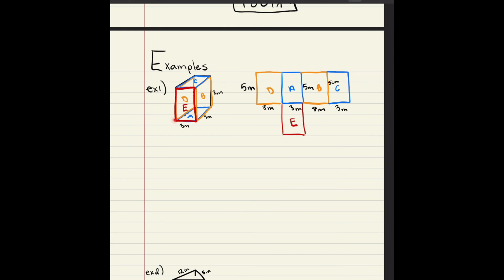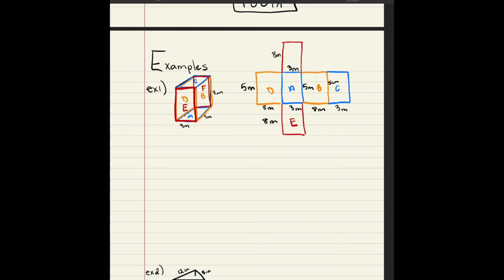Then the only other side, going up, which is parallel here, is 8 meters. And then this shape is exactly the same. It is shape F. It is parallel to shape E, so it'll have the same dimensions: 3 meters by 8 meters.